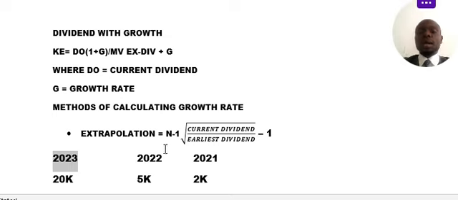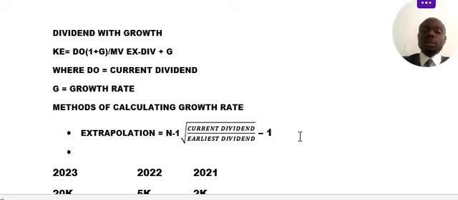That is 3, so we have 3 minus 1, which is 2 years. If at the end we had 2024, we would say there is growth from 2023 to 2024. So that is why it is always n minus 1. That is one method of calculating growth rate.